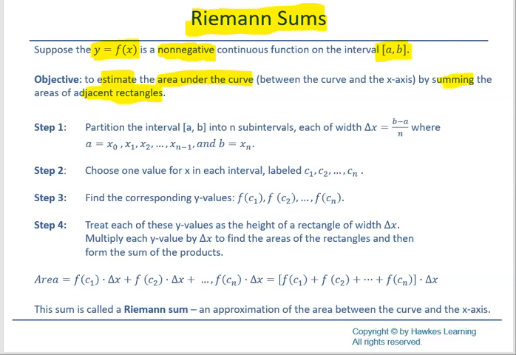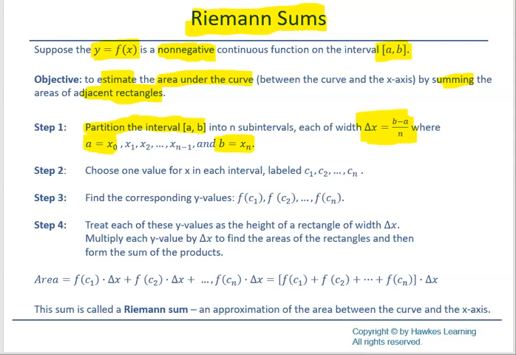Step one, we're going to partition the interval AB, which is a closed interval, into n subintervals. The width is delta x, or the change in x. Delta x is b minus a, which is the total length, divided by n, which is the number of subintervals. A is the beginning of the bound or the left end, and b is the end of the bound. So you're going to have a as x0 and b as xn, and you have the interior points as x1, x2, and so forth.